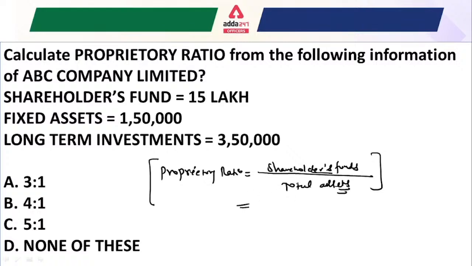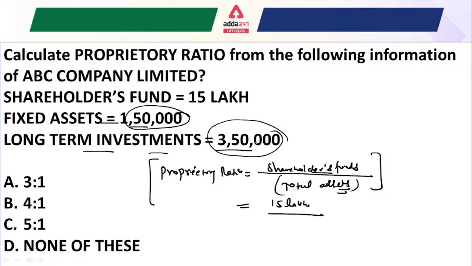So now the shareholders' fund, which is given as 15 lakh, just write here 15 lakh, and it is divided by the total assets. In this question, fixed assets are given, that is 1,50,000. Long-term investments are given, that is 3,50,000 rupees.